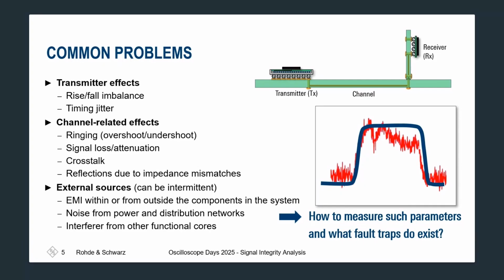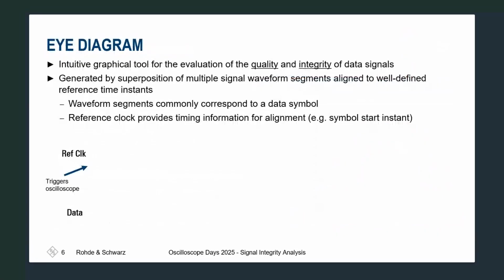One of the very useful tools we can use is an eye diagram. An eye diagram is a graphical tool that lets us take a lot of data and look at the signal integrity of it. How an eye diagram is made: typically we have a reference clock, and we trigger off this reference clock, and we have the data.